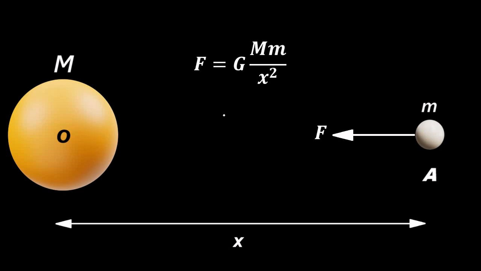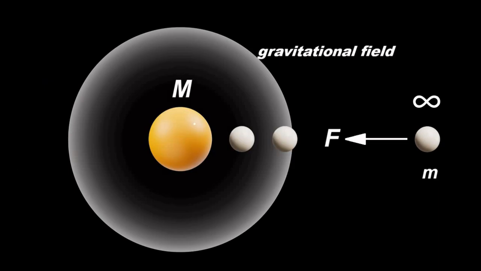This is the value of that gravitational force. Remember that mass A, at point A, is within the gravitational field of the yellow sphere, capital mass M.